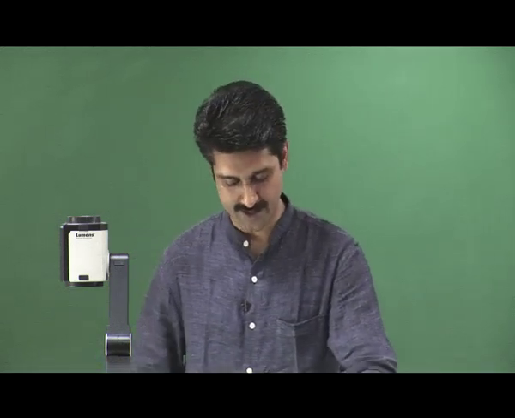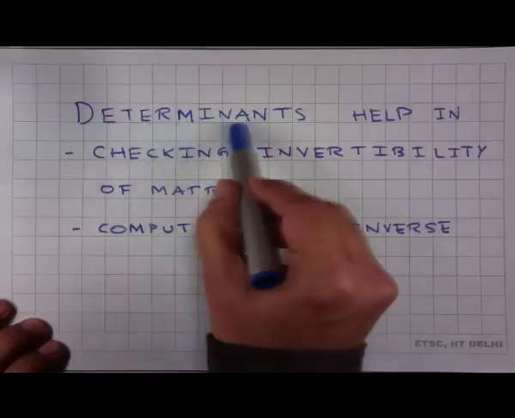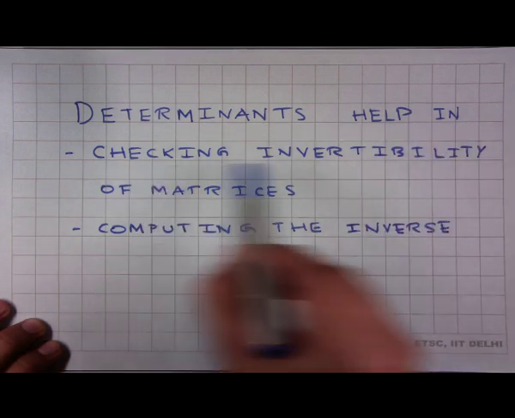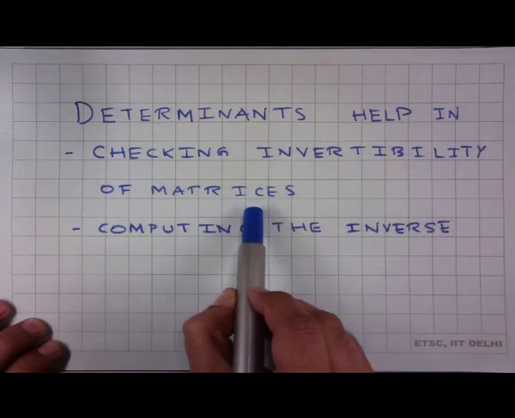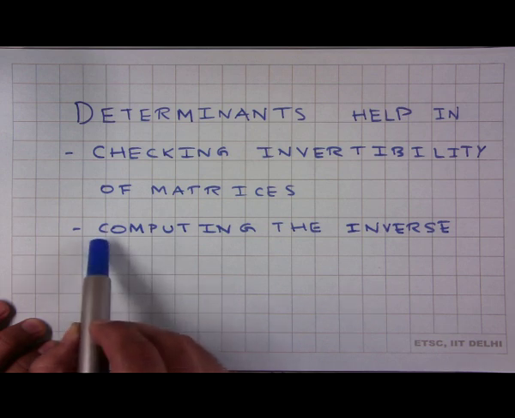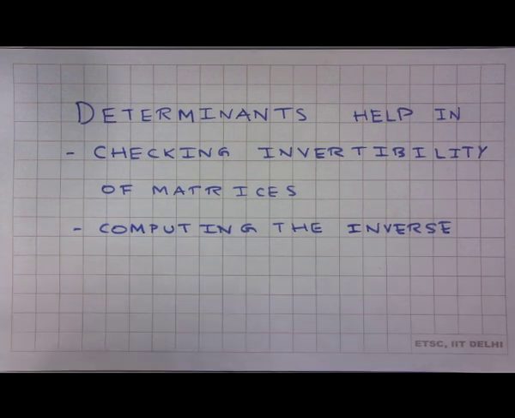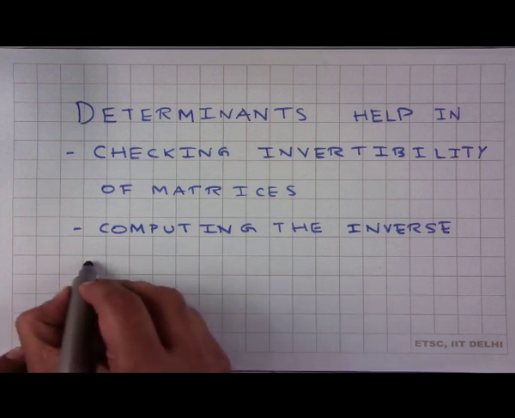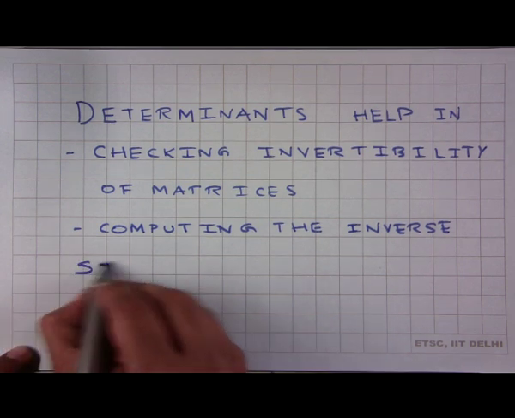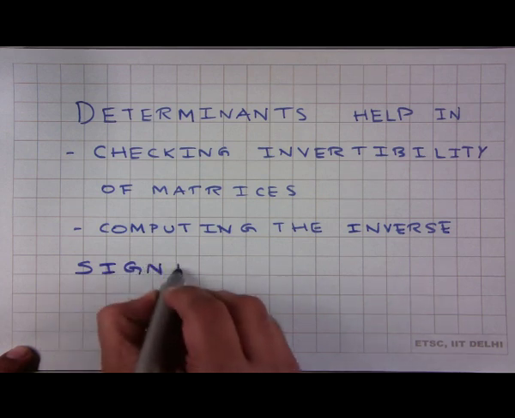All right. So, this can be summarized in this statement, that determinants help in checking invertibility of matrices and also in computing the inverse. So, this is the significance of the last theorem.